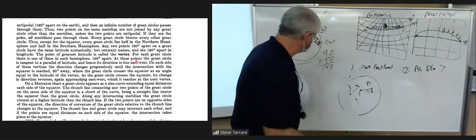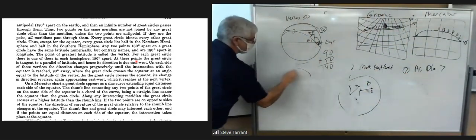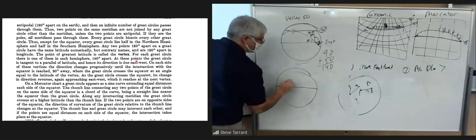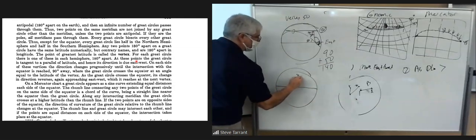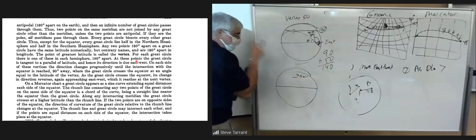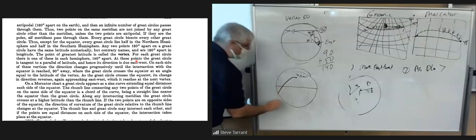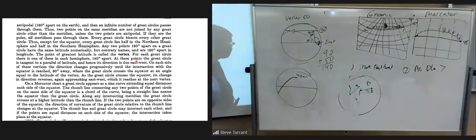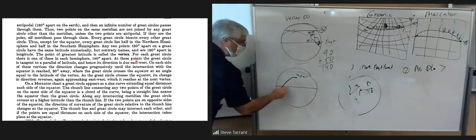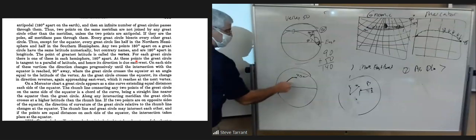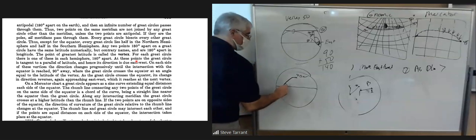We'll do one more and then we're going to move on. Here we go. My latitude of the vertex is 40 degrees north. Let's say I'm going in the westerly direction. Sam, the angle between the equator and my great circle, if this is 40, what's that angle? It's 40.